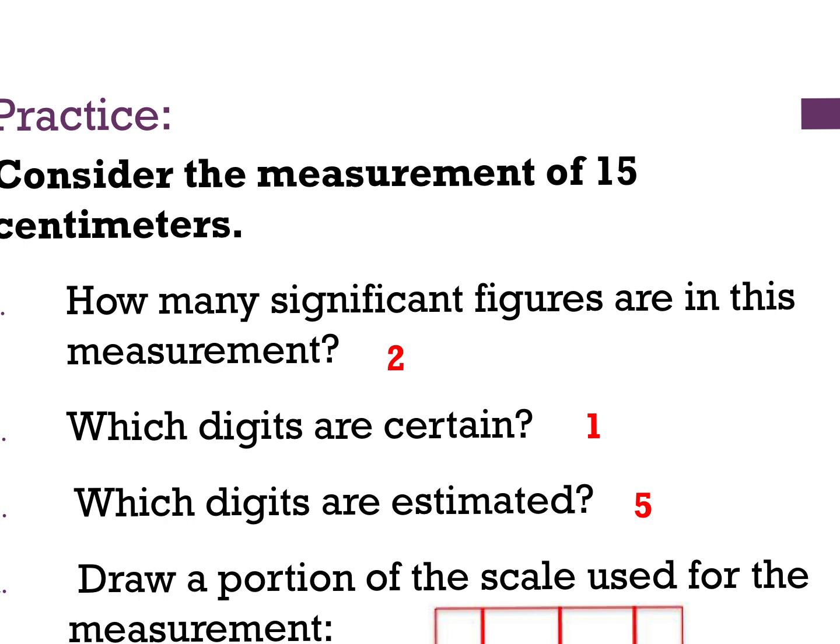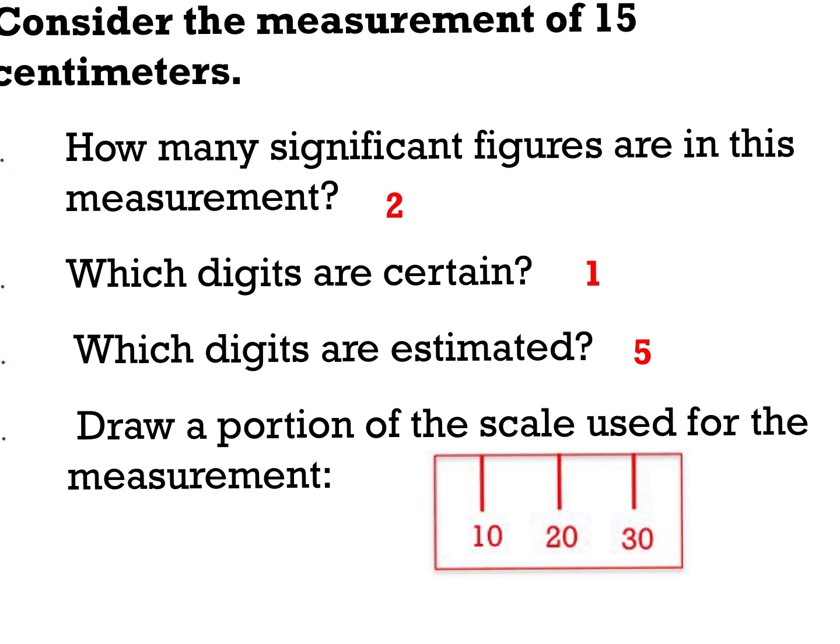And which digit is estimated? The 5. And then the last part is to draw a portion of the scale used for this measurement. If we came up with a measurement of 15, our scale would have to look like this. I would know it's in the tens place, but there couldn't be marks for the 5 since that's what I guessed. And if we wanted to draw the line we're measuring, it should look something like that.